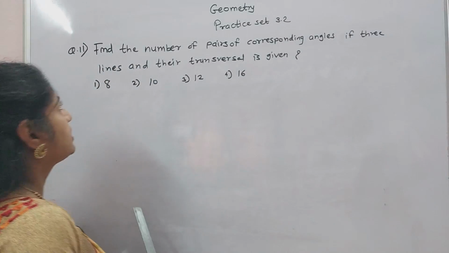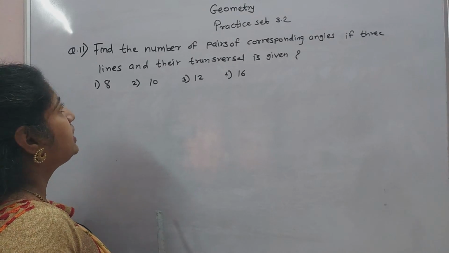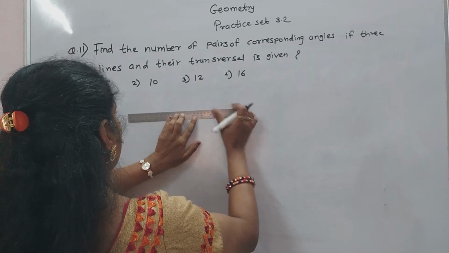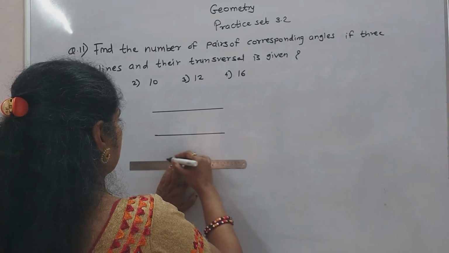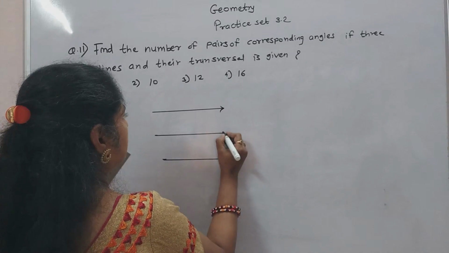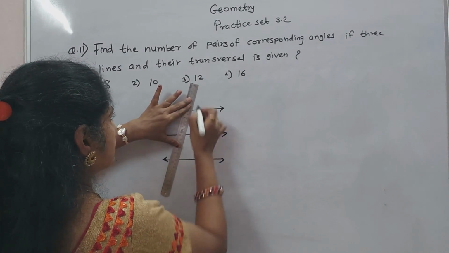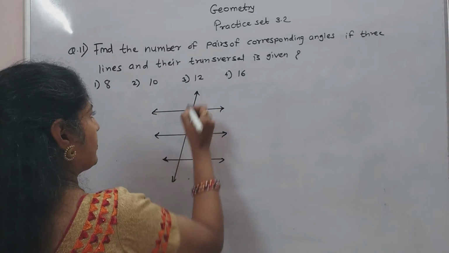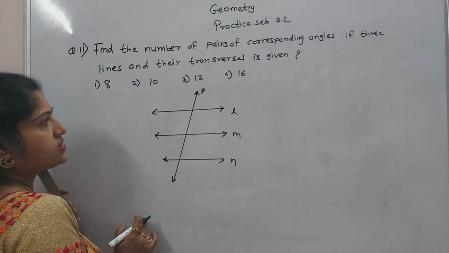Next question is, find the number of pairs of corresponding angles if 3 lines and their transversal are given. Now I draw the 3 lines and a transversal. This is the 3 lines and one is the transversal. L, M, N are the 3 lines and P is the transversal.